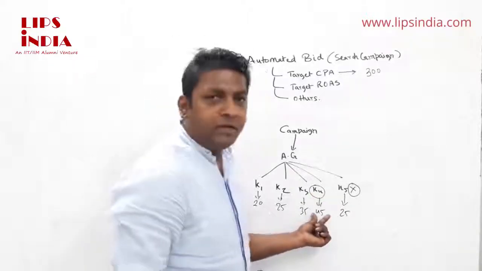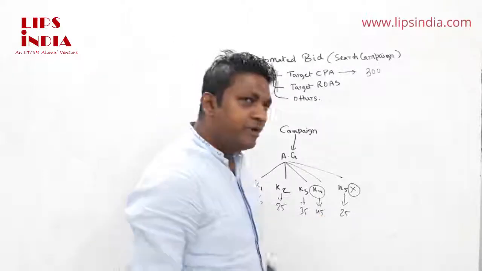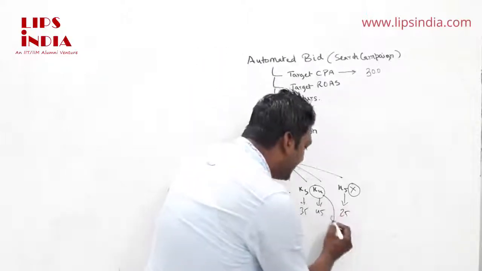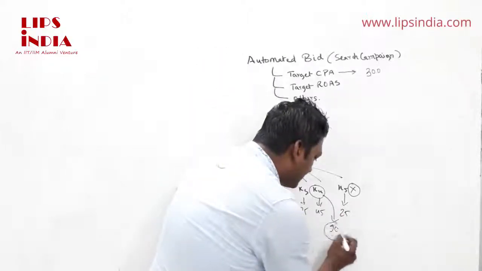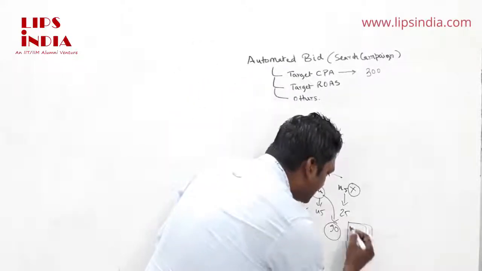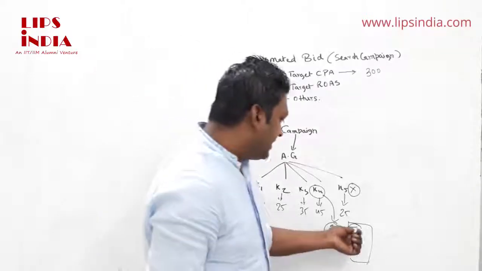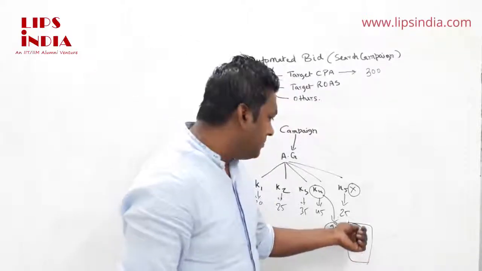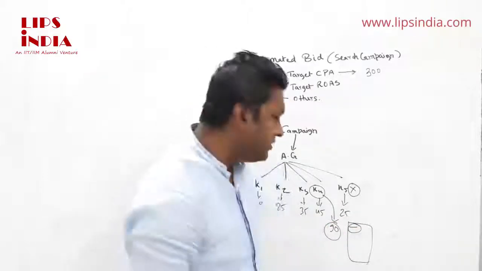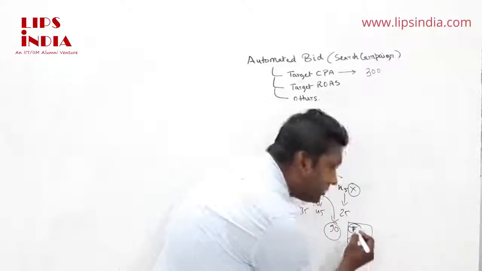Now that you had bid 45 rupees earlier as a manual CPC bid, but when Google is going to bid on your behalf, if Google feels that the bid has to be 90 rupees so that the ad appears somewhere on the top, because the machine learning algorithm says that the top position has more chances of converting into a conversion, while your 45 rupees bid was something like 4th position.